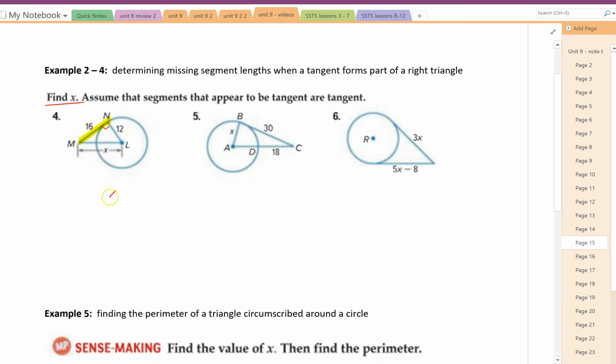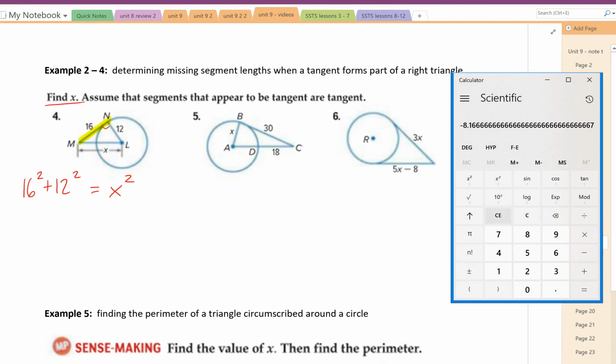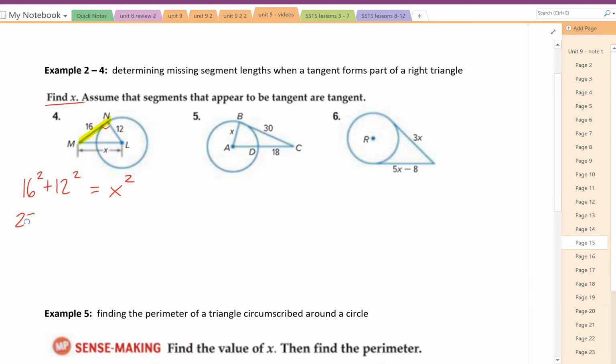So x squared is going to go by itself on one side of the equation. 16 squared and 12 squared go together on the other side of the equation. So I have 16 squared plus 12 squared equals x squared. So let's do 16 squared. It's 256.